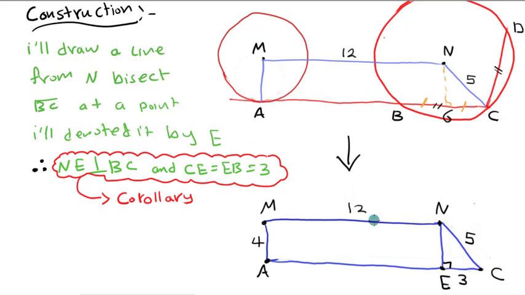Here is the point E, the point of intersection. Since BC equals 6 cm, EC, half of 6 cm, is 3 cm.